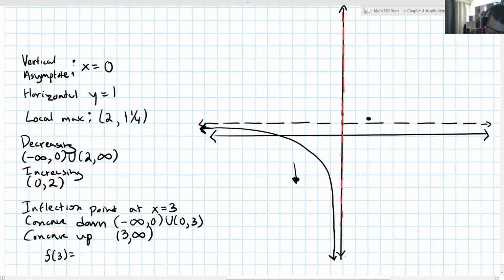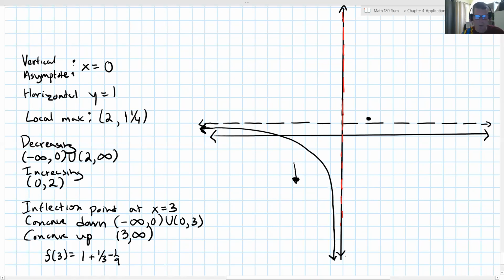F of 3 is going to equal 1 plus 1/3 minus 1/9.